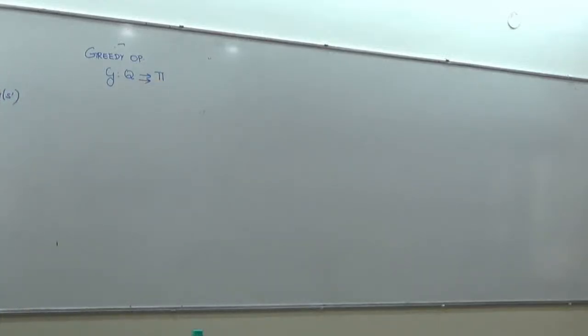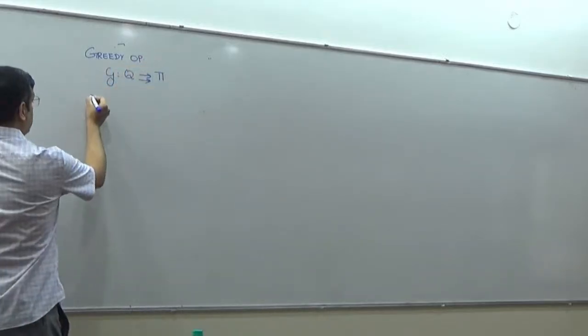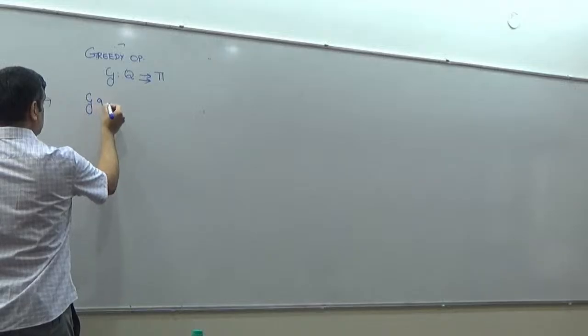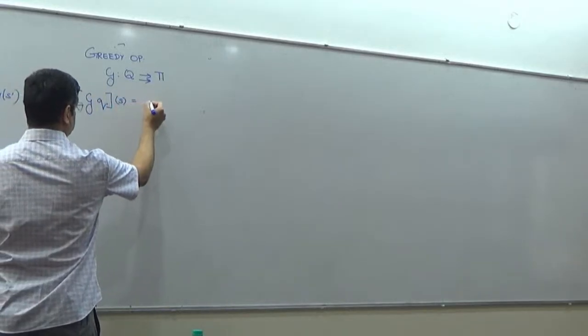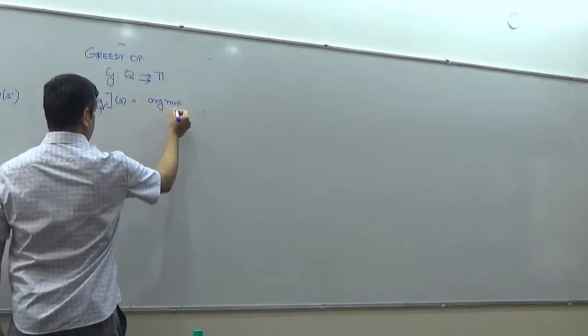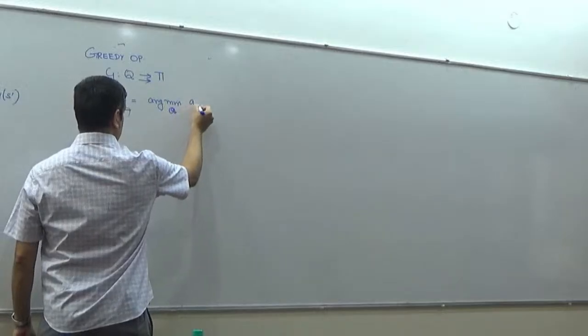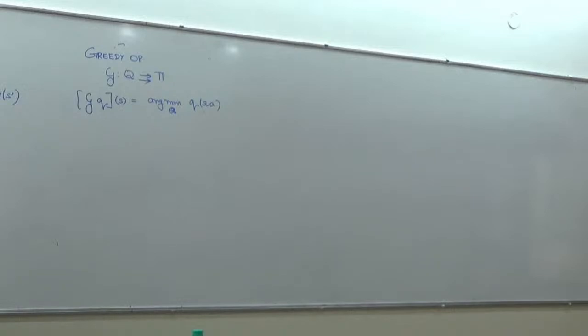So, it can give me a set of policies, and G of Q is really the set of arg min over A of Q of S, A. Okay. So, I am just defining some notation which will make it easier for me to write down my DP.